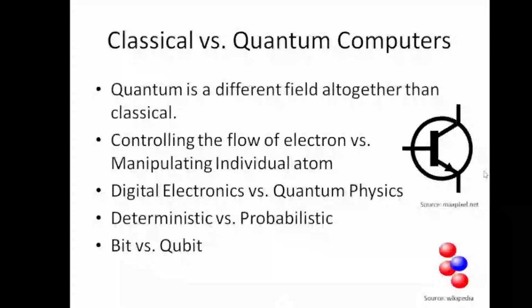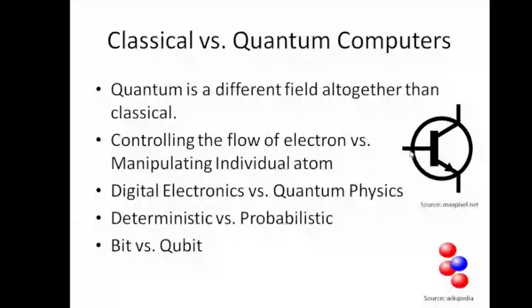Next, let's see the difference between a classical and a quantum computer to understand better. If we see, a quantum computer is totally different from a classical one. Classical computers came into the picture when transistors were invented. This is what a typical transistor diagram looks like.